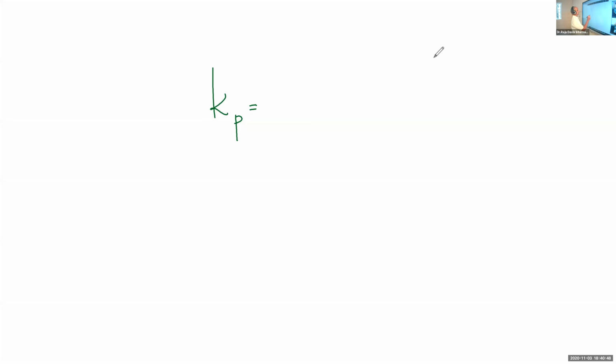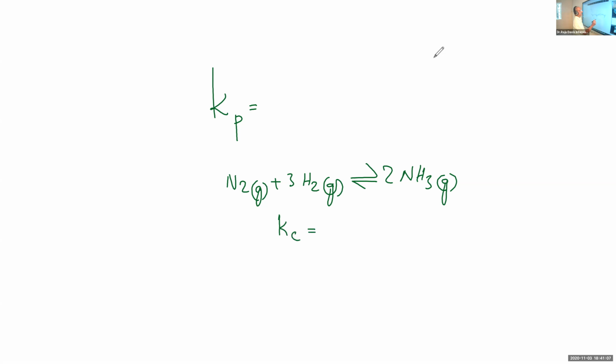Say, for example, N2(g) + 3H2(g) reversibly giving 2NH3(g). Here, the equilibrium constant Kc is equal to concentration of ammonia squared by concentration of N2 into concentration of H2 raised to the power 3.